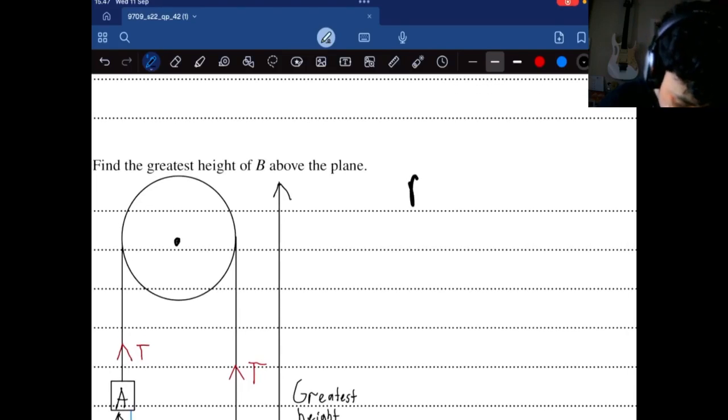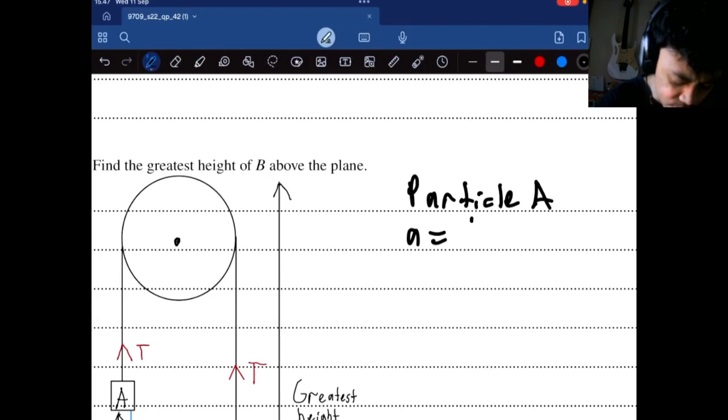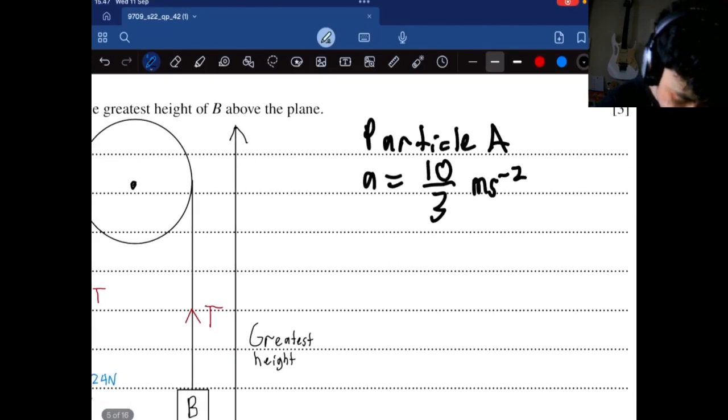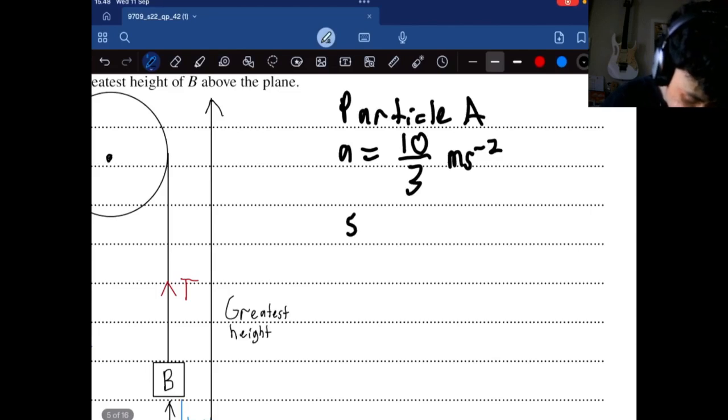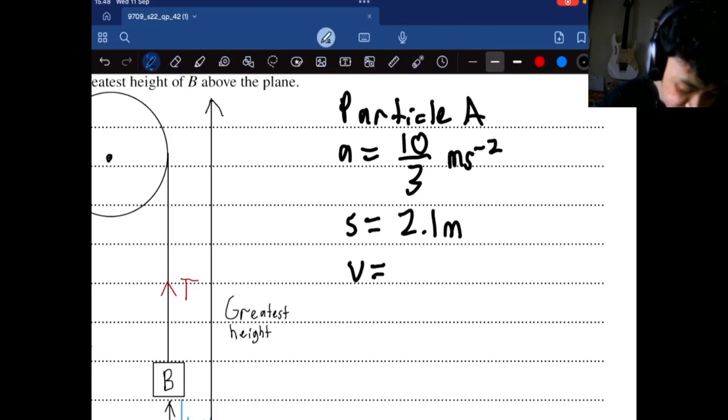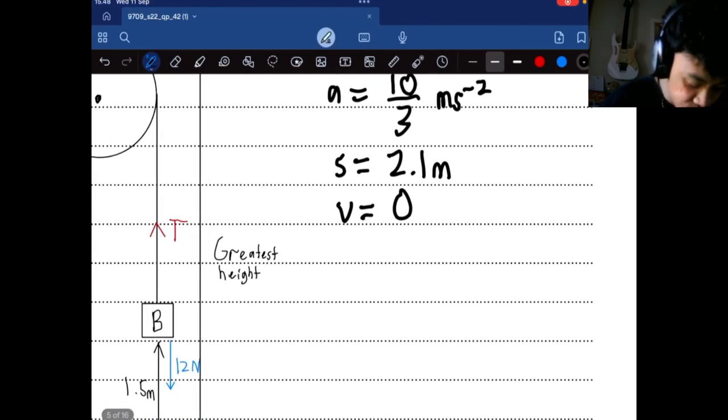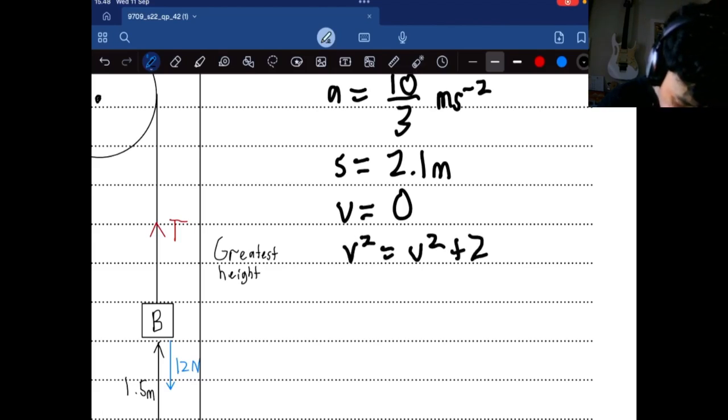Firstly, we can write particle A first. We know that from part A, the acceleration is equal to 10 over 3 meters per second squared. We also know that the S for particle A is 2.1 meters. And because it's released from rest, the U is equal to 0. So to find the final speed, we can use the kinematics formula, V squared is equal to U squared plus 2AS.